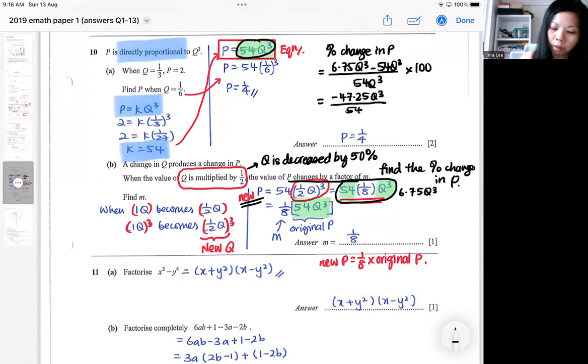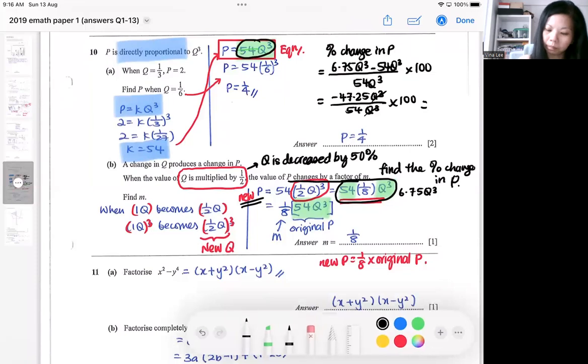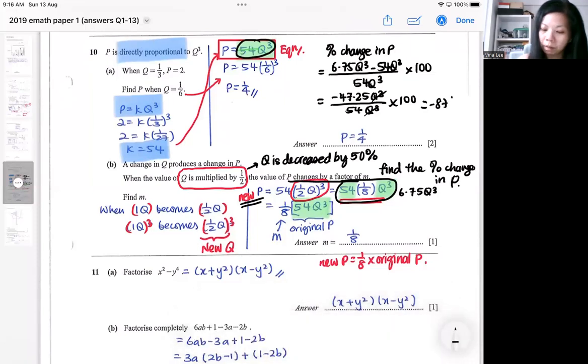So if you go through the calculation, the Q cube will cancel away. And you find that it's a negative percentage. That means it will be a percentage decrease. So it actually decreased by 87.5%.